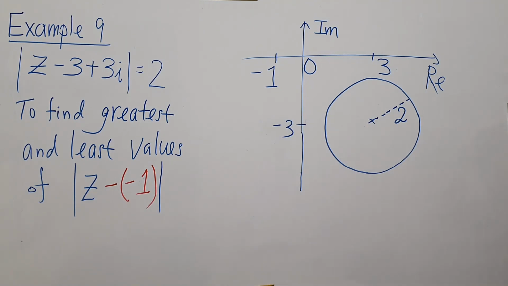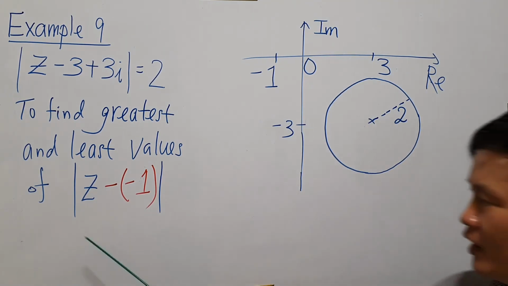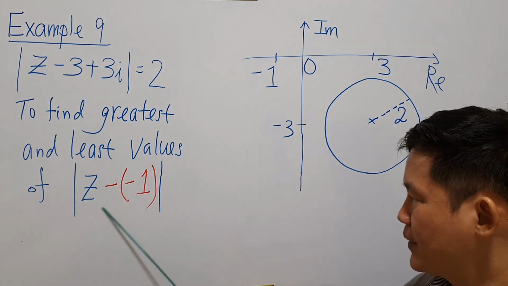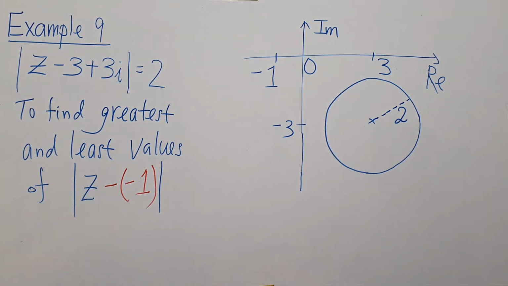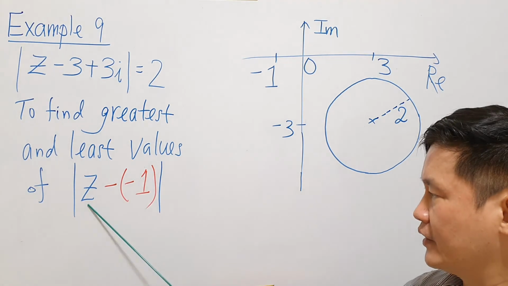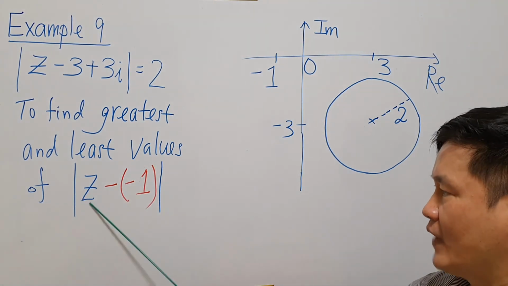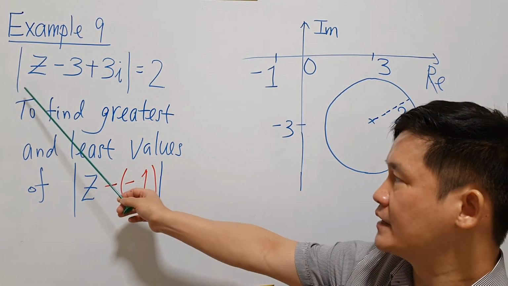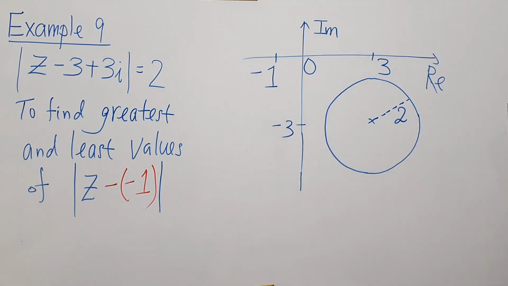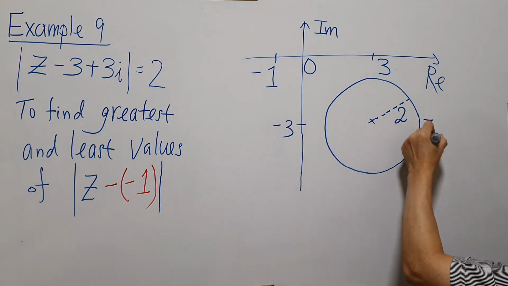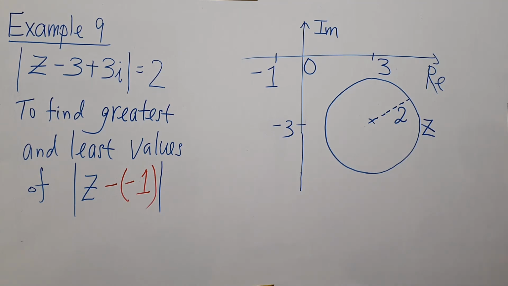What is the geometrical meaning? The modulus of this represents the distance from -1 to z. In question number 9, where are your z values? The z values are those that satisfy this equation, and therefore the z values are all the values on the circumference of this circle.